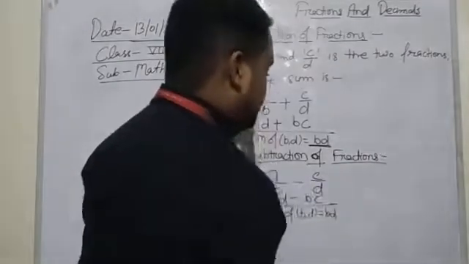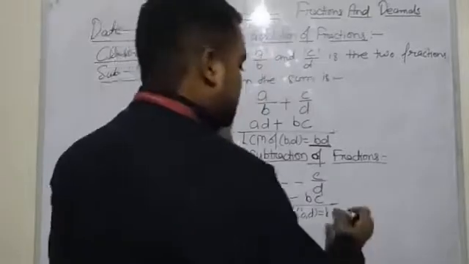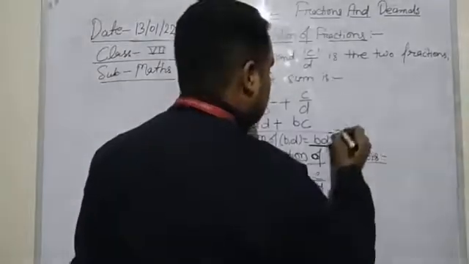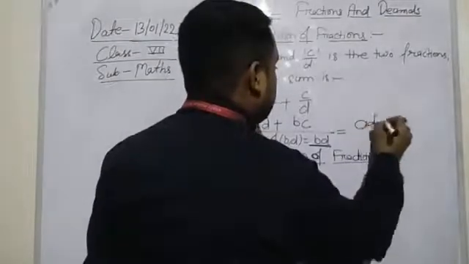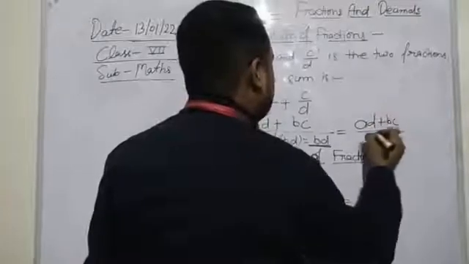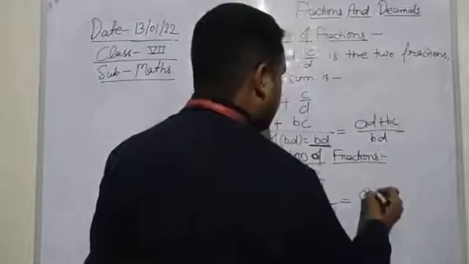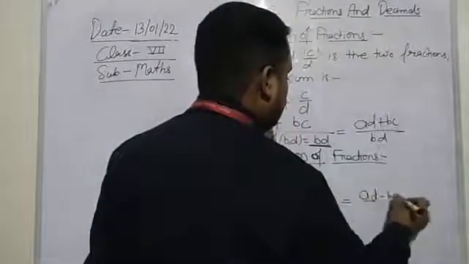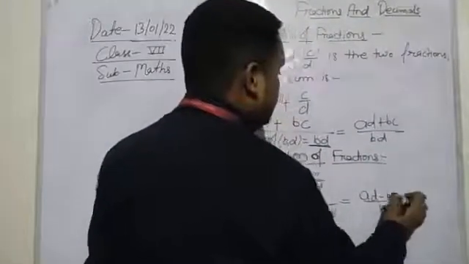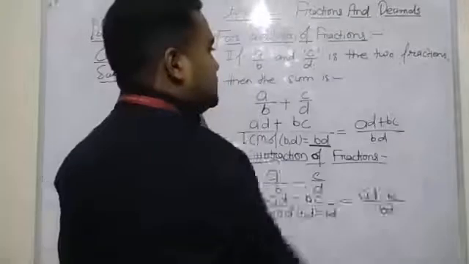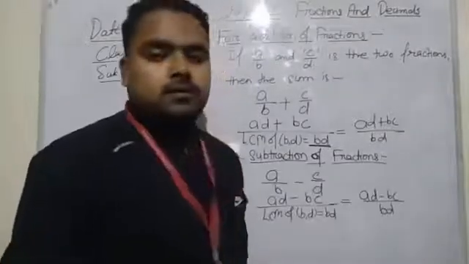So AD minus BC. So here also AD plus BC upon BD is the final answer, and here AD minus BC upon BD is the final answer. Okay, so note it down.